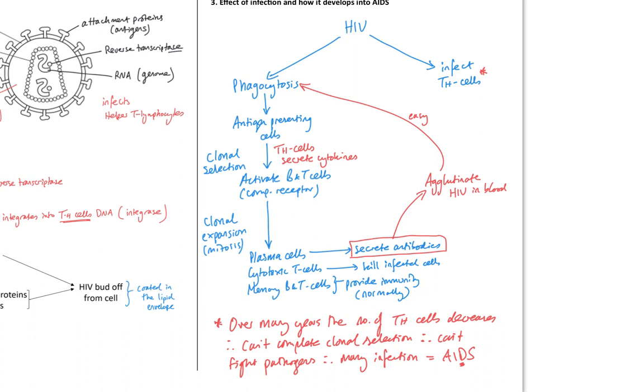However, HIV is hunkering down in these long-lived T helper cells, slowly replicating, bursting out occasionally, reinfecting T helper cells. So the T helper cell count decreases and decreases and decreases. When it gets to a critical level, you can't complete clonal selection, and therefore you can't activate the B and T cells.